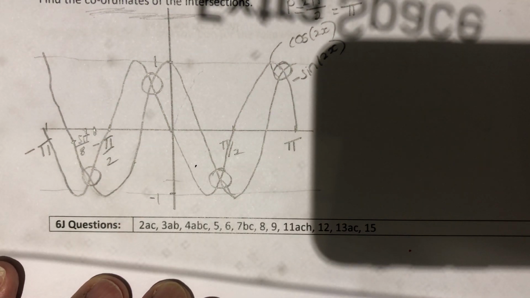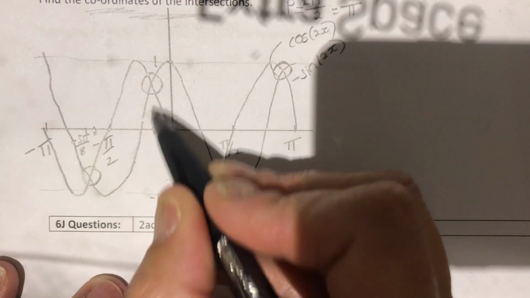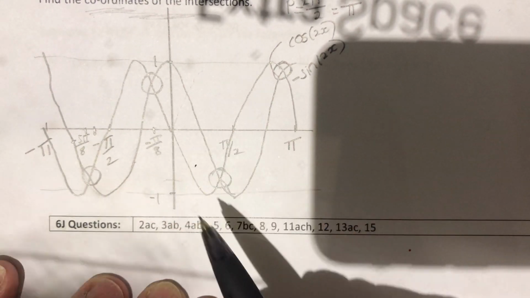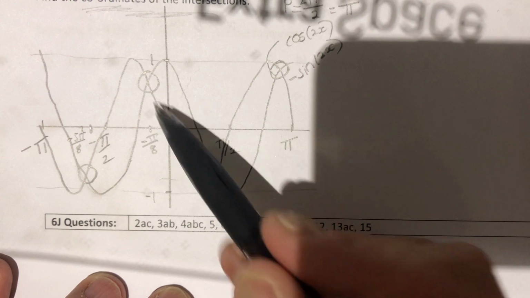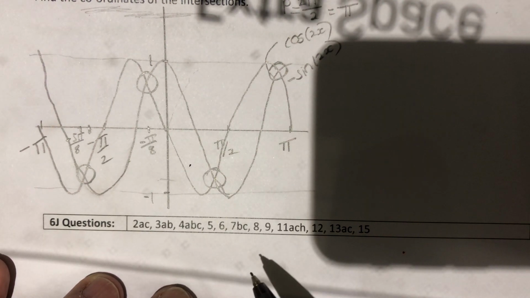Okay, and the next one that you've got for your value is negative pi on 8, which is going to be here. Yep, that looks okay. It's about a quarter of the way from pi on 2, which is good.